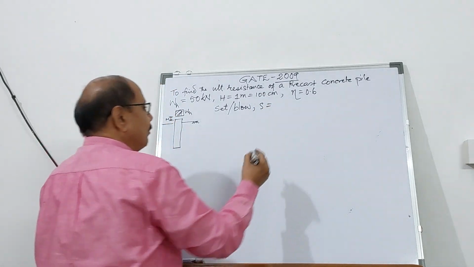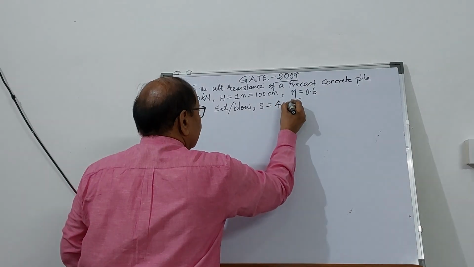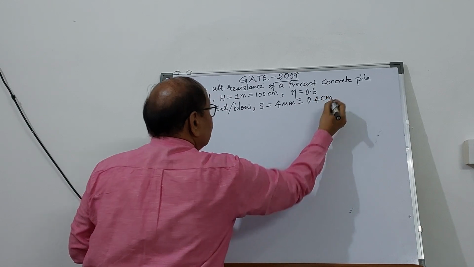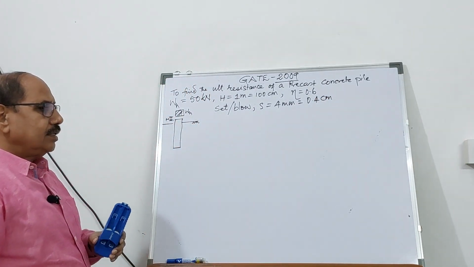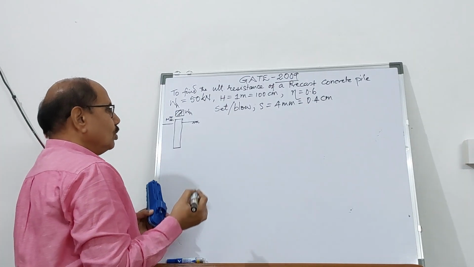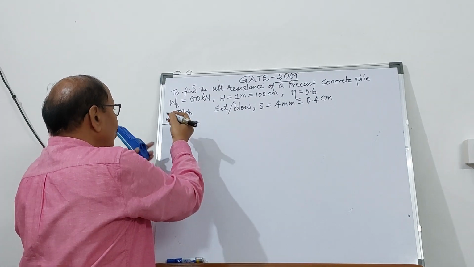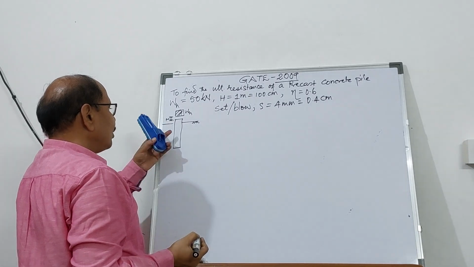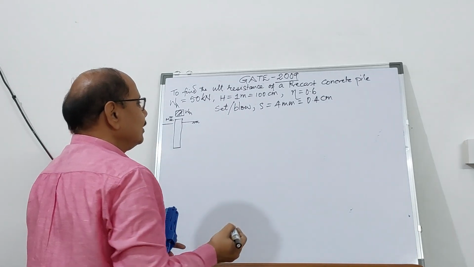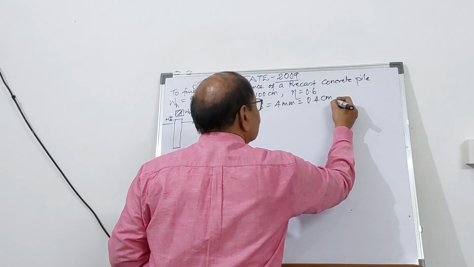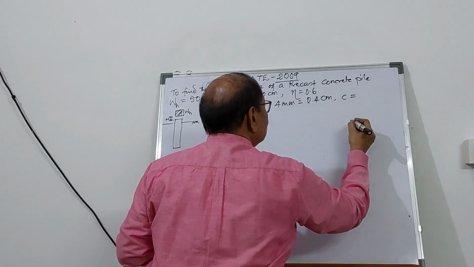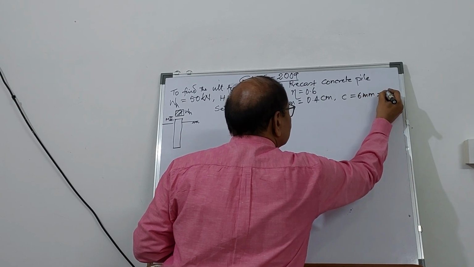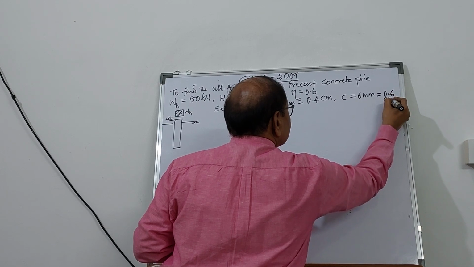It is given as 4 mm, that is in centimeter, 0.4 centimeter, and the compression of the dollies, the pile top and soil, C equal to, is given as 6 mm, that is 0.6 centimeter.